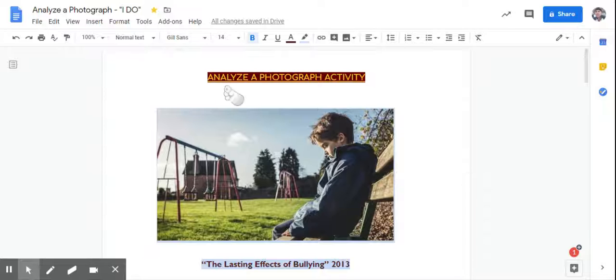I'm calling this an analyze a photograph activity. Last week, I took a different approach, using the SAY Matter chart just to test the waters on doing something a little different. Not that your experience with the SAY Mean Matter chart is non-existent.